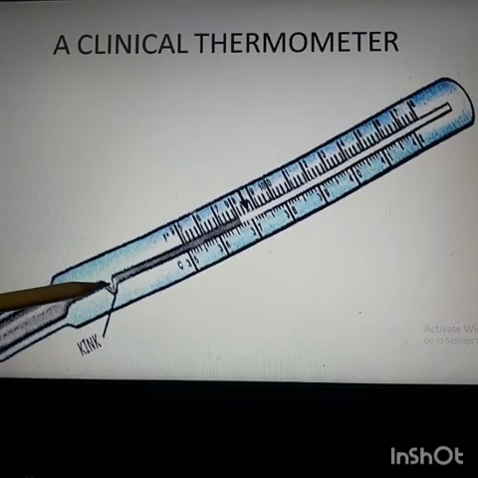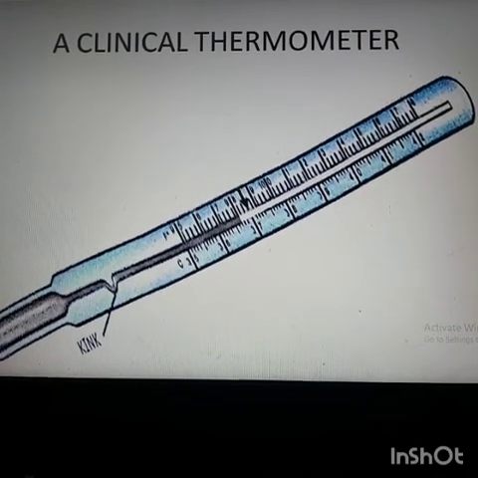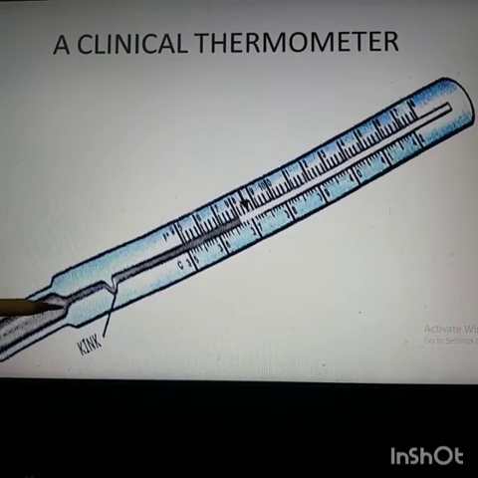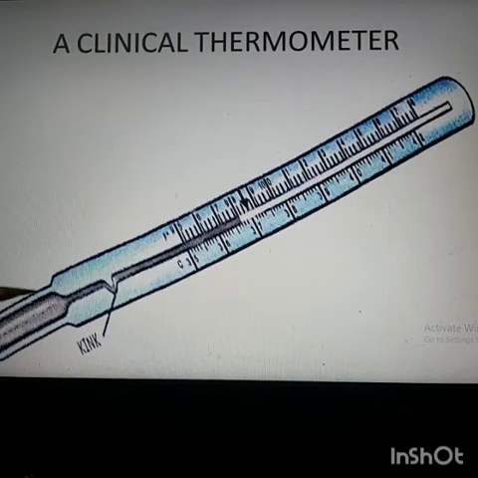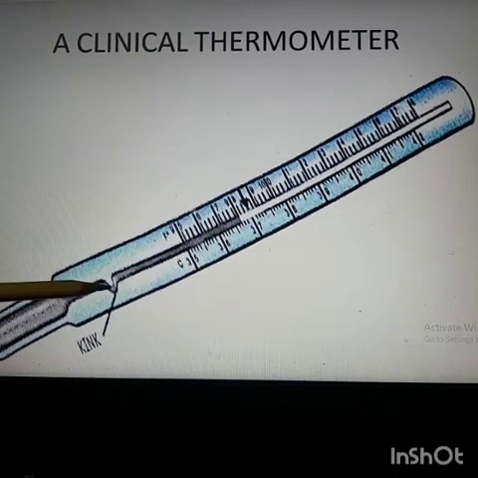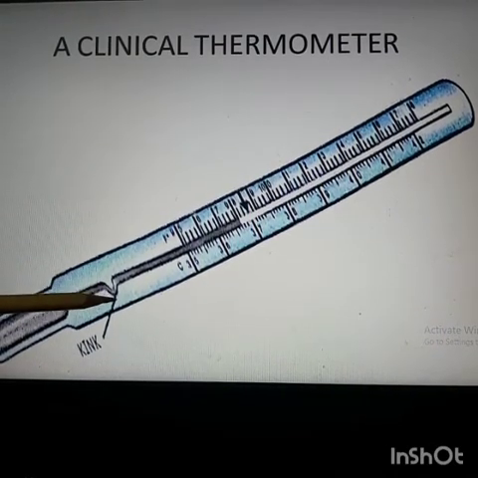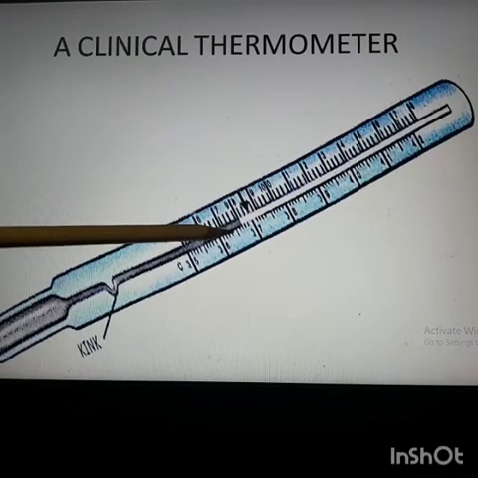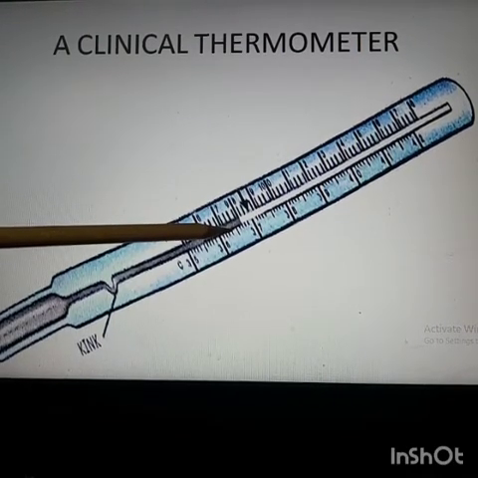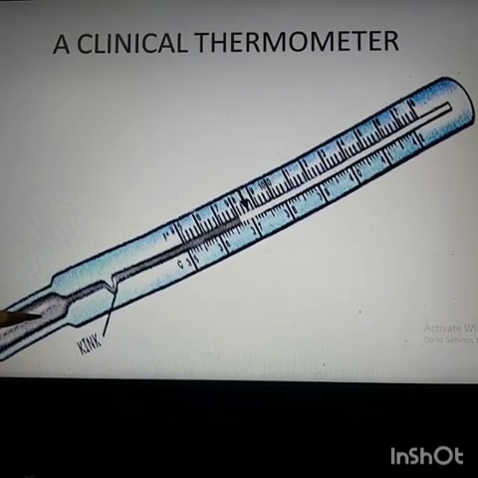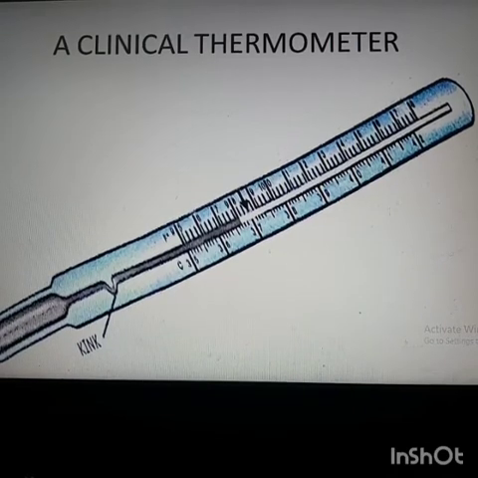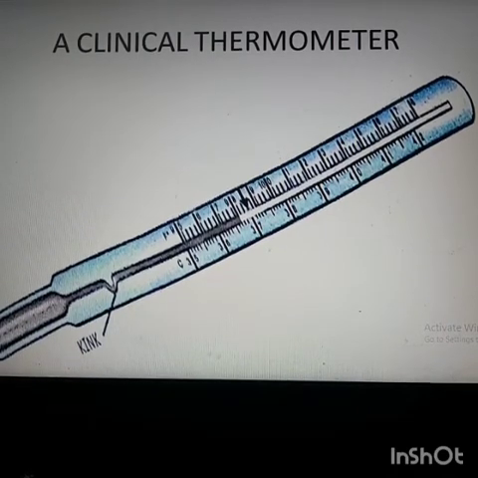That is why the kink is here. When the thermometer is taken out, the temperature drops, but the mercury column breaks from here and stays here for some time. It comes back to its original position only after the doctor jerks the thermometer once.